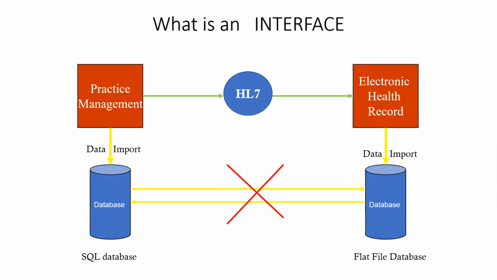And as HL7 is the common medium of communication, these applications will talk to each other through HL7. It doesn't matter what database the source system is on. PM may be using a SQL DB, and the electronic health record may be using a flat file database, but the main medium of communication will be HL7, right? And that happens through a bridge, which we call an interface.